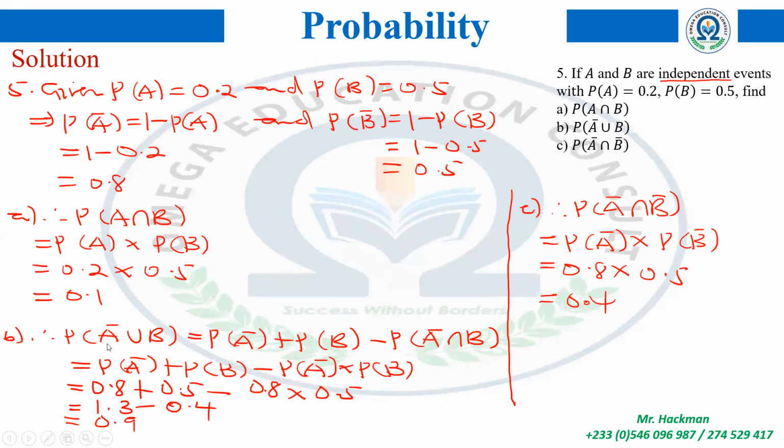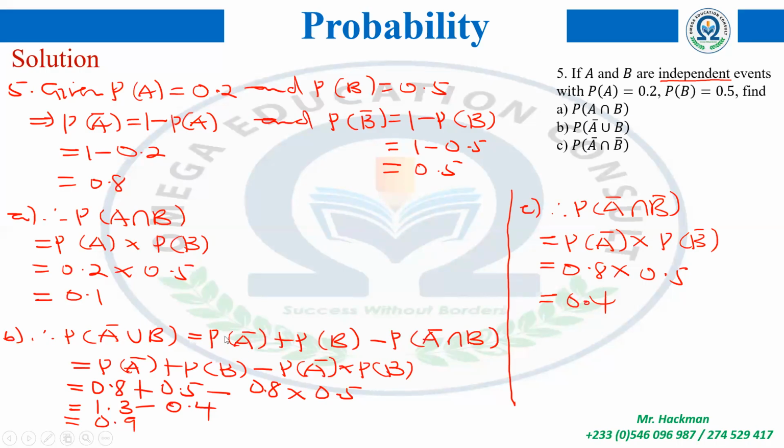The complement of an event and the event itself will satisfy either the mutually exclusive or non-mutually exclusive. So in this case, we quote the non-mutually exclusive one. P of A complement union B will be equal to P of A complement plus P of B minus P of A complement intersection B. You get the statements?